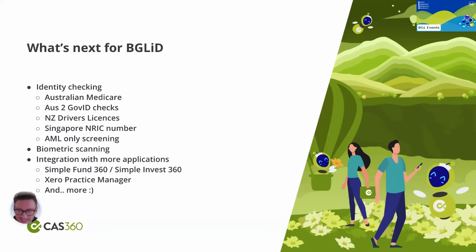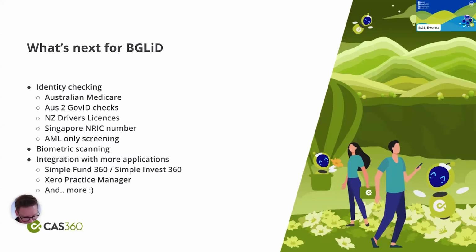And then the next part, which is the most exciting, I think, is all around connecting the dots with the industry. We want to make BGL ID the ID verification tool for the accounting industry. And the only way to do that is to have APIs. So not only will you see BGL ID appear in Simple Fund 360 and Simple Invest 360, we are talking with Xero about adding the integration with Xero Practice Manager, and obviously more applications to come.